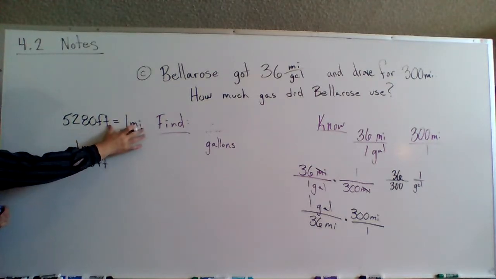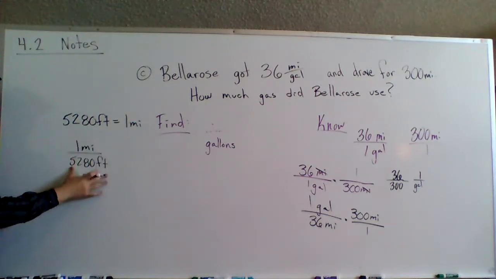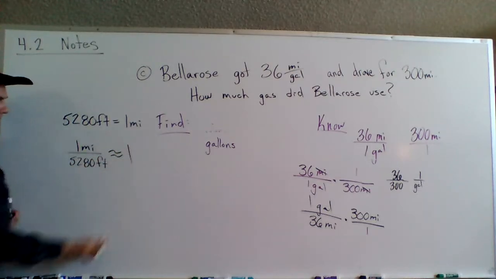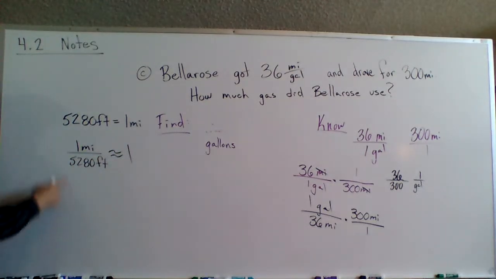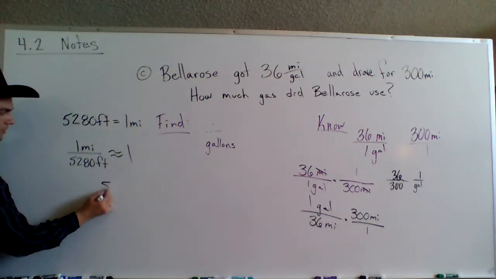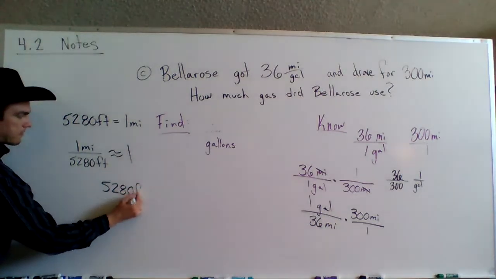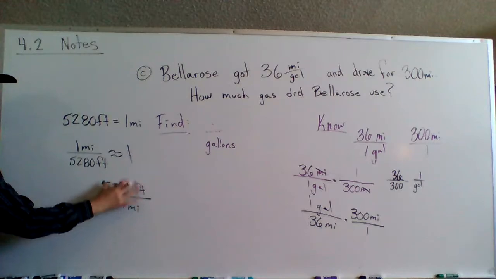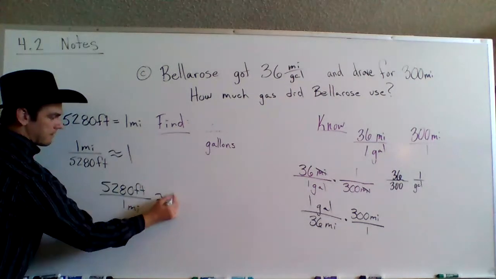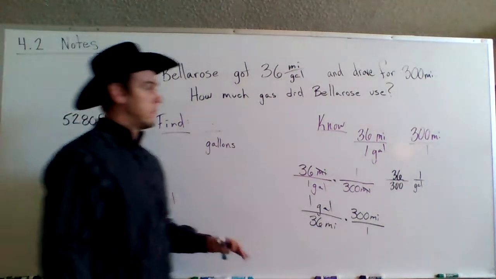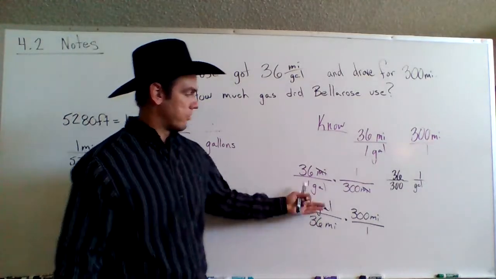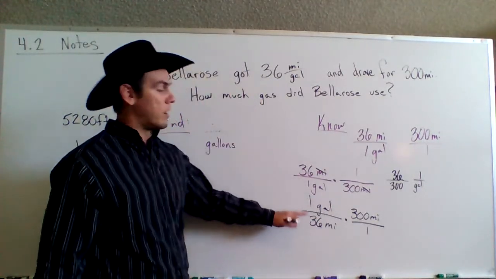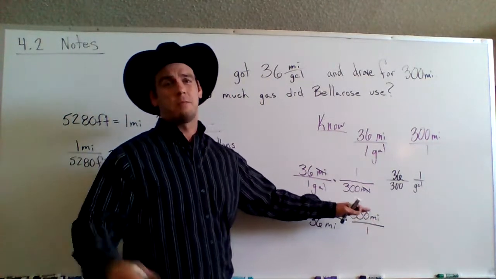Anything divided by itself is essentially 1. It's really a funny form of 1 here. If I were to do it in reverse order, 5,280 feet divided by 1 mile, these are essentially the same thing again. Anything divided by itself is 1. So it doesn't matter which order we put these in. We want to pay attention to our units because it's going to make a big difference.